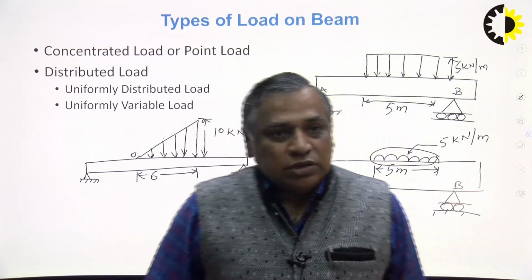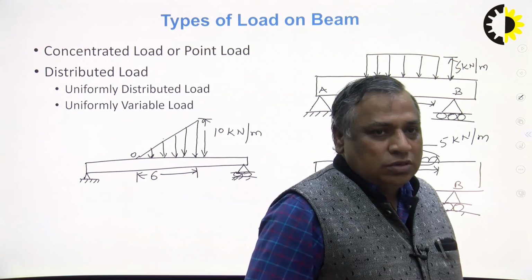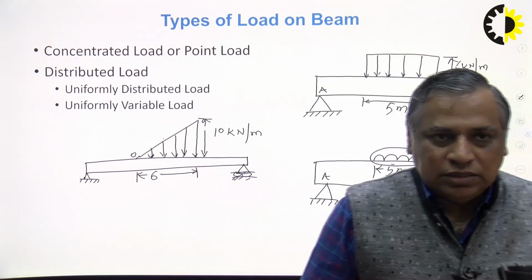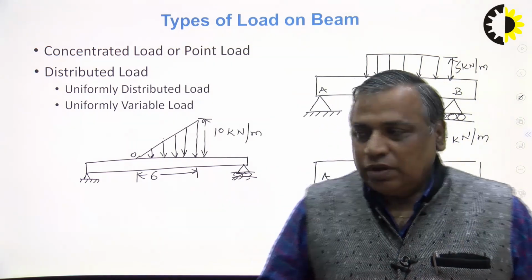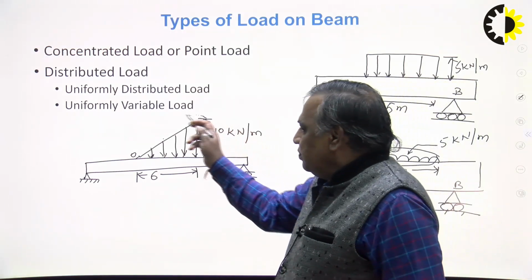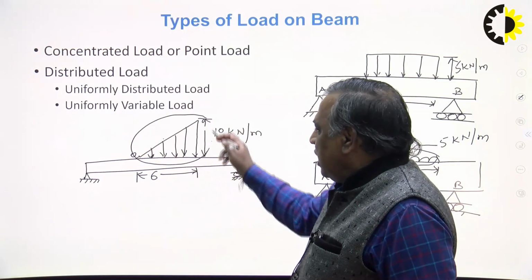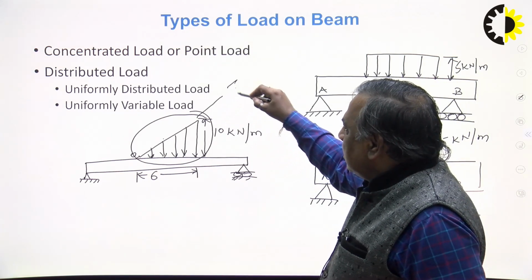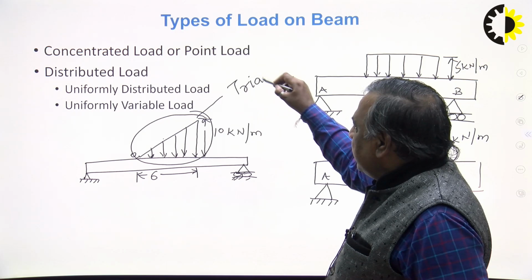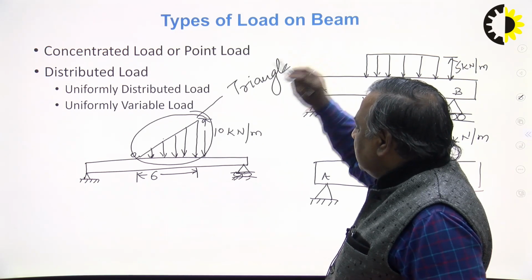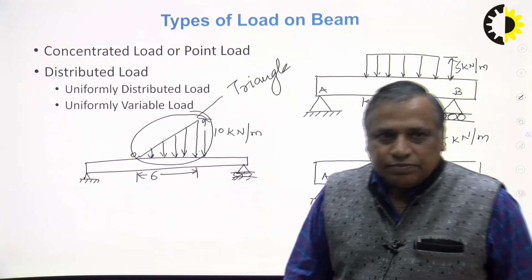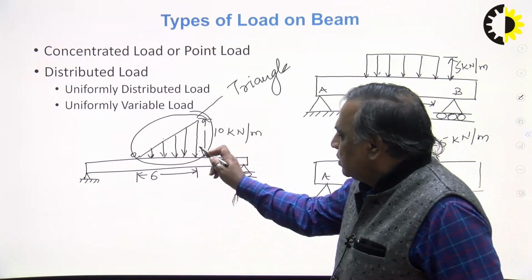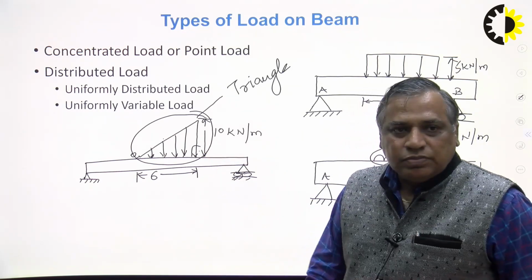Now we should learn how we can convert these loads into point loads. So you can observe the shape of this load diagram. This is nothing but a triangle, a right angle triangle. This is perpendicular.